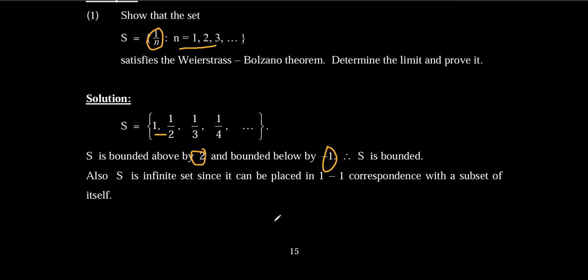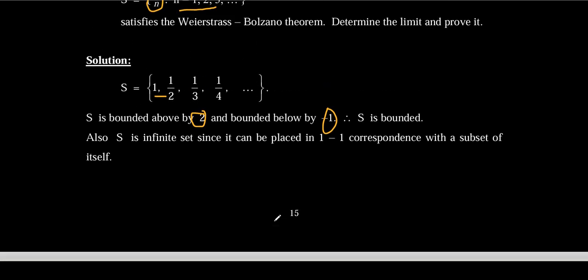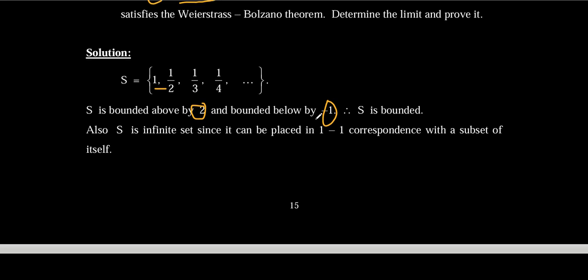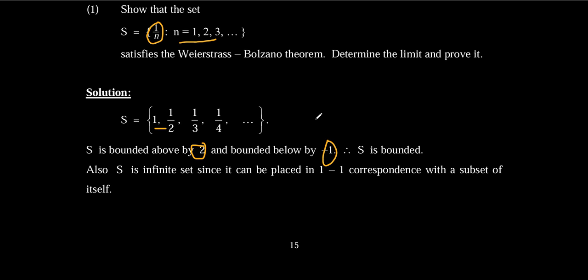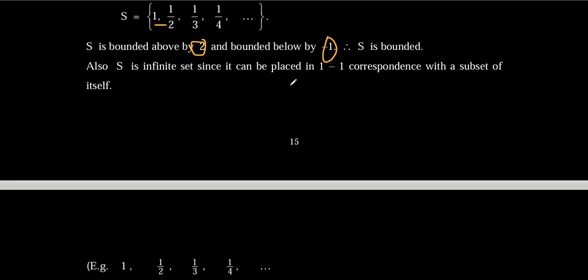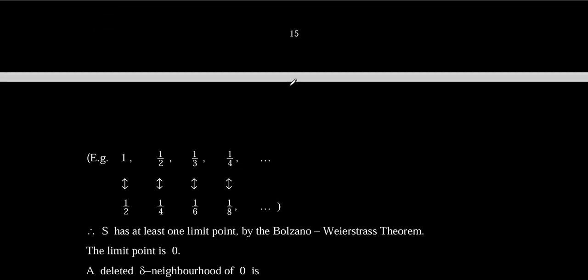Because the set is infinite and can be placed in one-to-one correspondence with itself, it is countably infinite. And because it is bounded, it satisfies the Bolzano-Weierstrass theorem. So it's not anything difficult. All you have to show is that the set is bounded and has at least one limit point, and as easy as that, you have your answer.